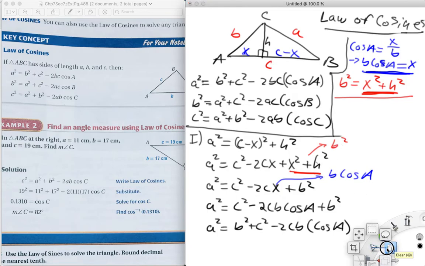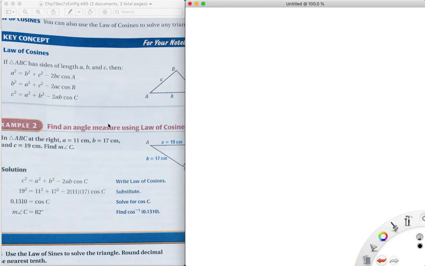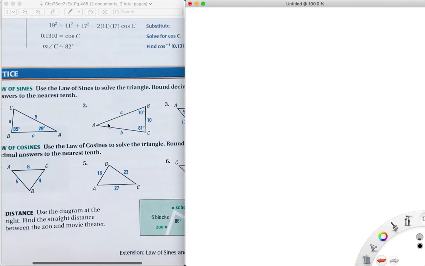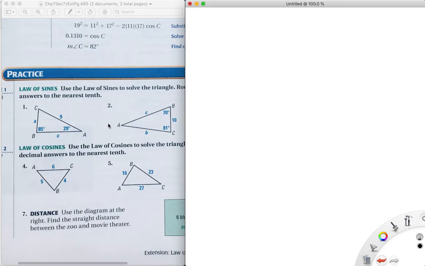So let's try a couple of these problems. Here they want us to solve a triangle using law of sines. So let's try number one. Number one, we have triangle ABC.